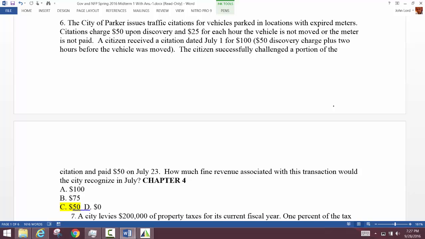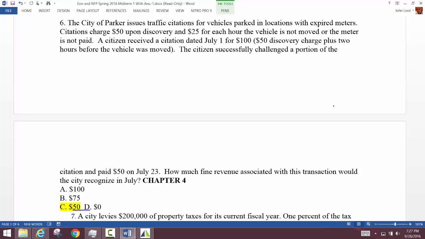A citizen received a citation July 1st for $150 for the discovery charge plus 2 hours before the vehicle was moved. The citizen successfully challenged a portion of the citation, paid the $50 for the discovery, but they didn't want to pay for the period that it was moved, whatever.